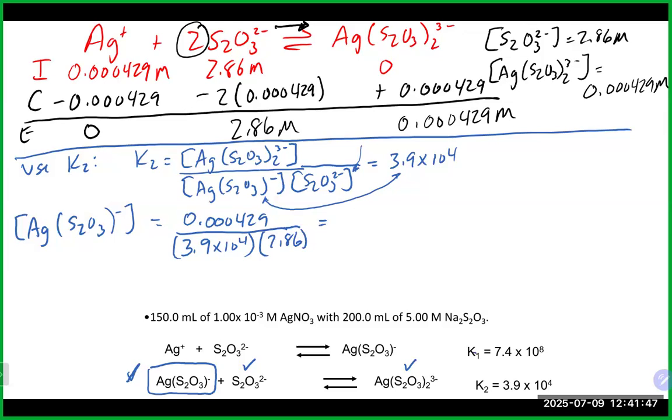So putting that into this here, we will now get our value for really our intermediate here. And that is going to be something with a lot of zeros, it looks like. Let's see. That's going to get us here 3.8 times 10 to the minus 9 molar.